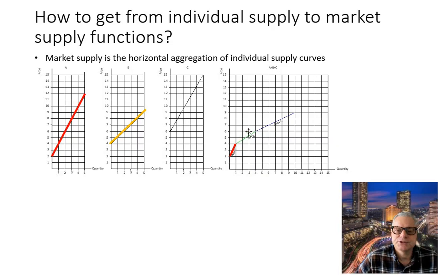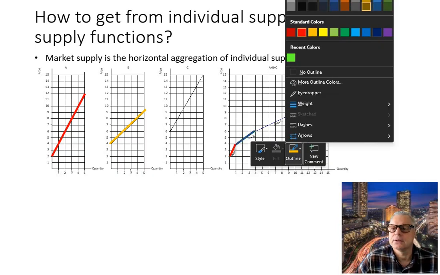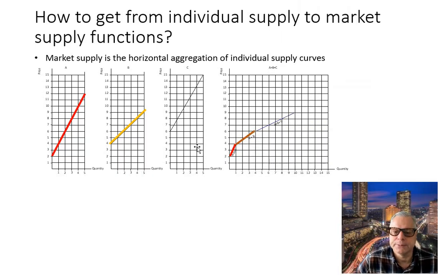So that means at the price of 6, horizontally aggregated total market supply should be 4. So this is basically orange and red. Let's make it dark orange maybe.